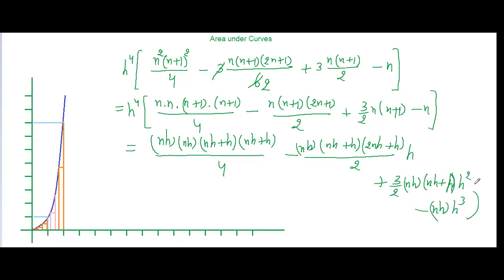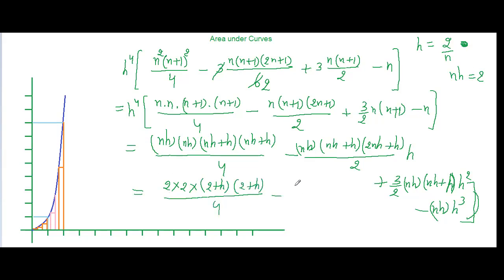Now this is the time to put the value of nh. h is equal to 2 by n, so nh is equal to 2. This is equal to 2 into 2 into (2 plus h) into (2 plus h) divided by 4, minus 2 into (2 plus h) into 2 into 2, that is 4 plus h, into h divided by 2.